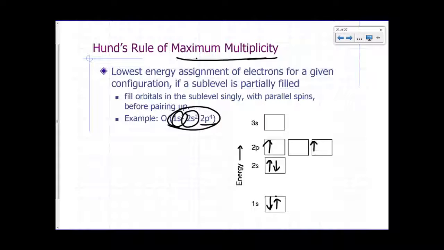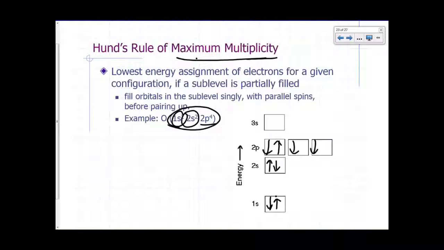And so you can have the pair over here instead. Or you can flip those spins. You can have, for example, spin down, spin down, spin down, and then pair up over here.